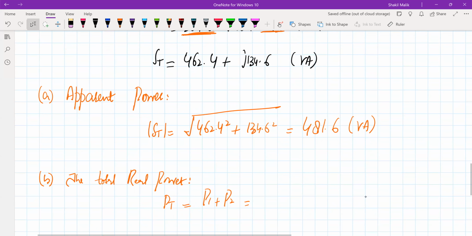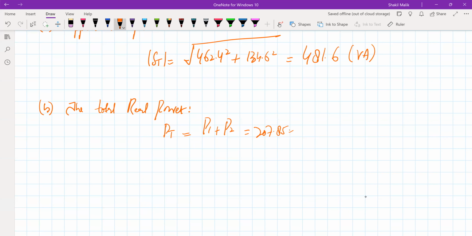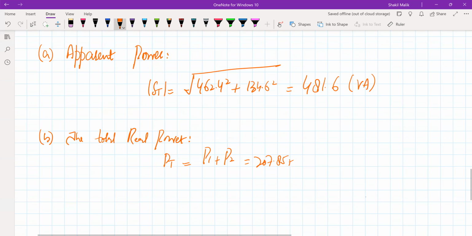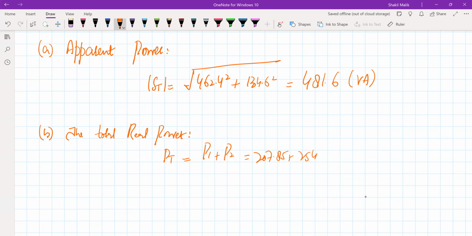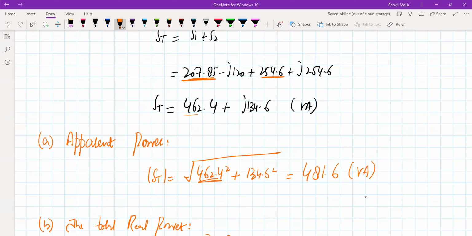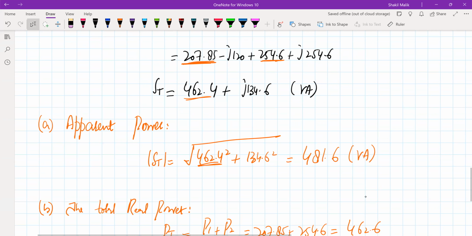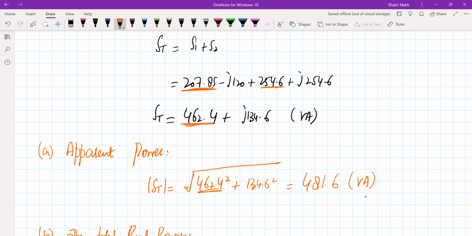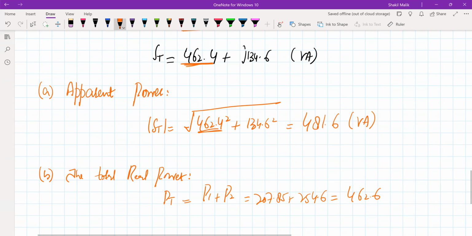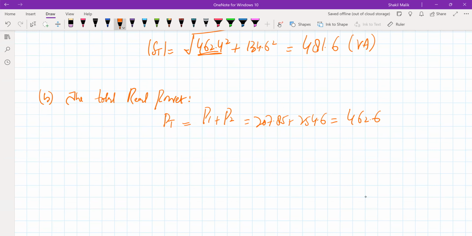So it is 207.85 plus 254.6, which comes out to be simply 462.6. You can check it is the real part of the total power, because the total real power absorbed by the two elements should be the total real power supplied by the source. So PT is simply P1 plus P2, or simply the real part of ST.